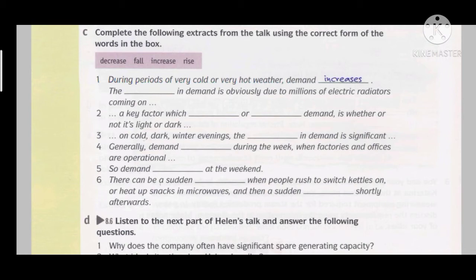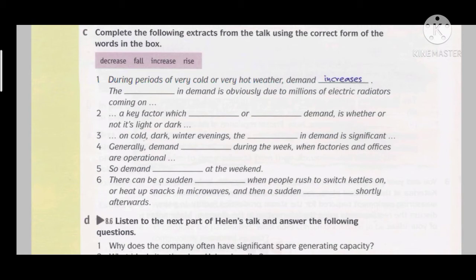So the verb, the stress is on the second syllable. The noun, the stress is on the first syllable. Okay? So number 1, increases, and then the increase in demand is obviously due to millions of electric radiators.